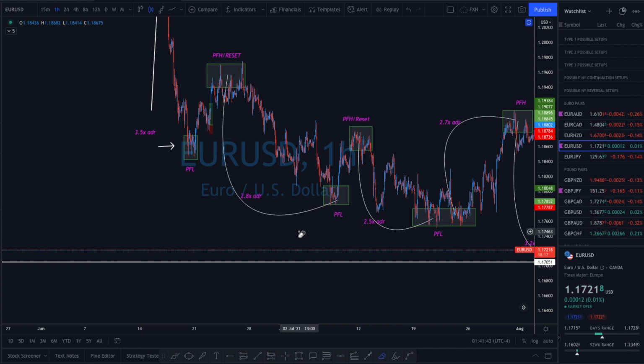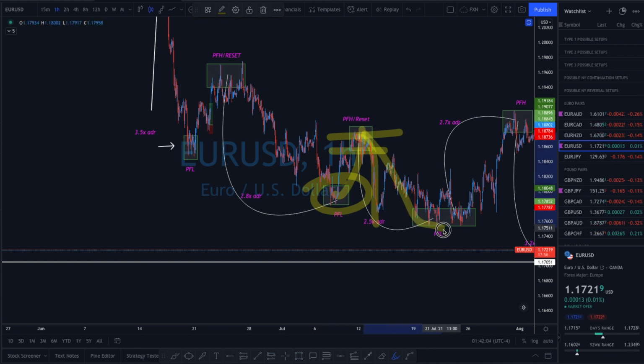Okay? There are going to be times when you take a trade, let's say you're coming off of a peak formation low and you take a buy trade, and you run into this situation where this ended up being a reset and you get taken out basically.